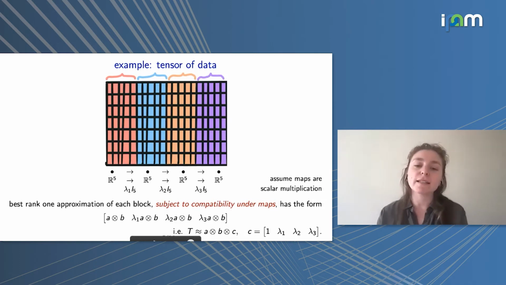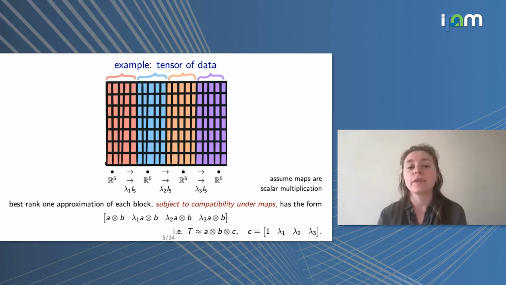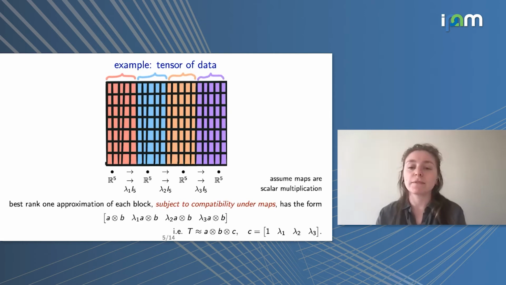So there we can see the connection between rank 1 approximation of a tensor and this idea of finding approximations of our measurements subject to compatibility under the linear maps given by the quiver representation.